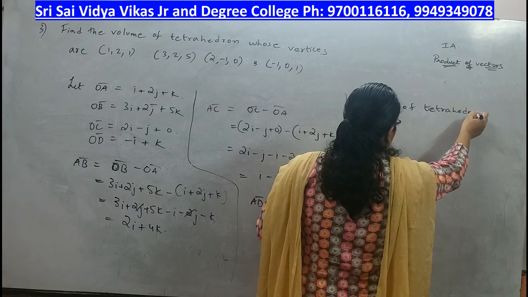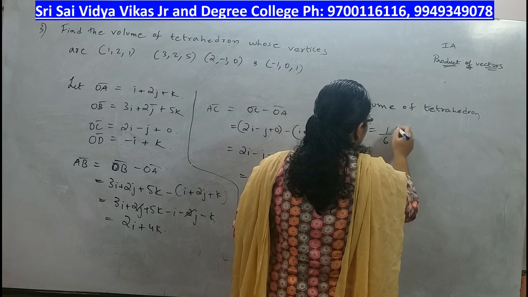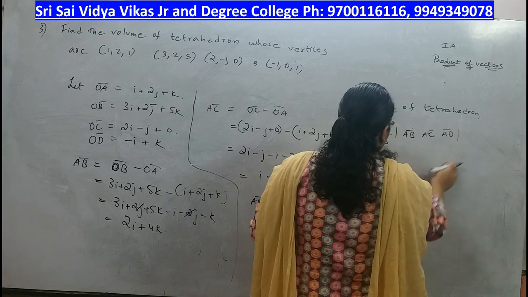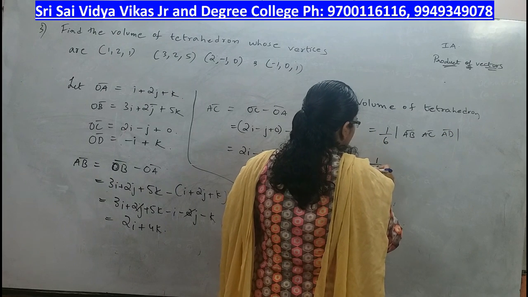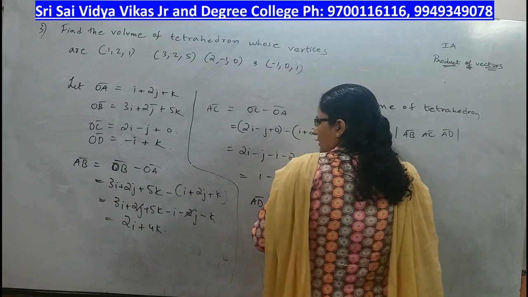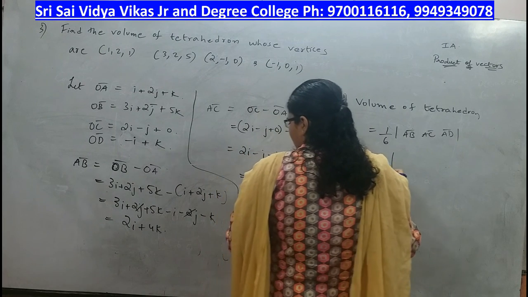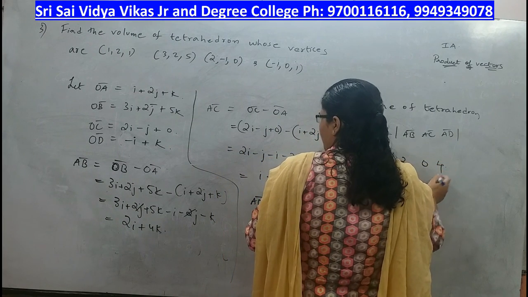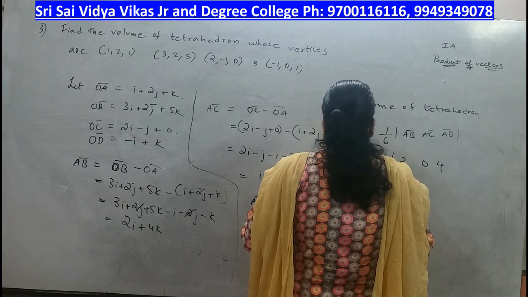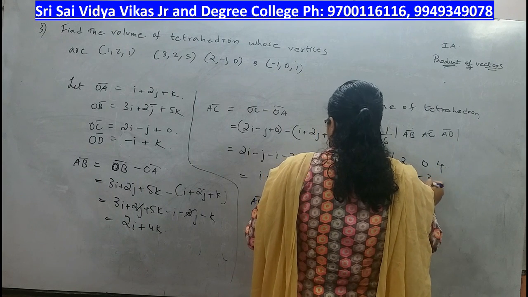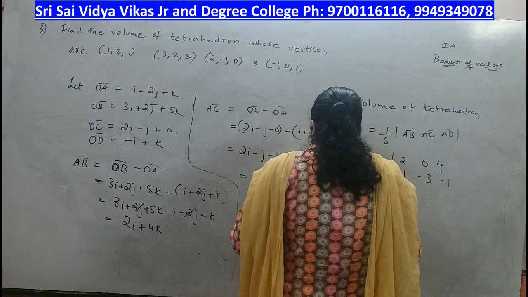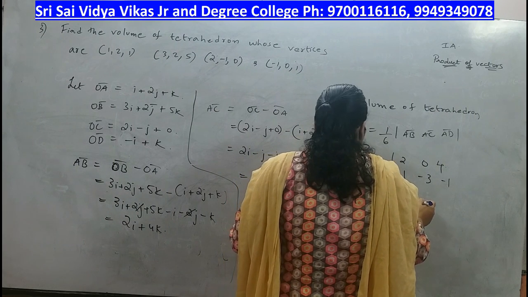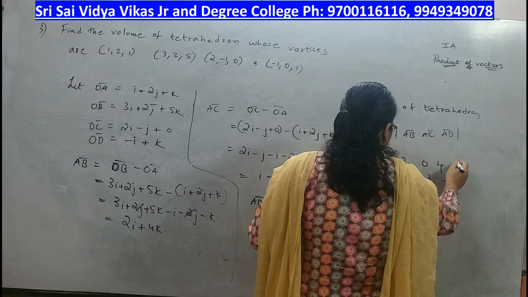Volume of tetrahedron is equal to 1 by 6 [AB, AC, AD]. That is 1 by 6 into the determinant 2 0 4, 1 minus 3 minus 1, minus 2 minus 2 0.